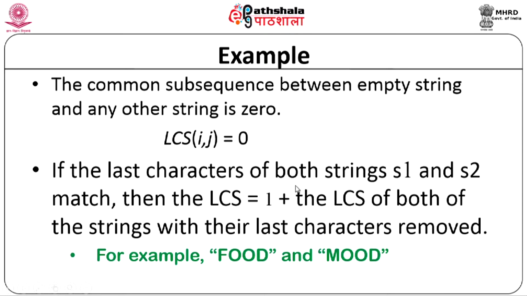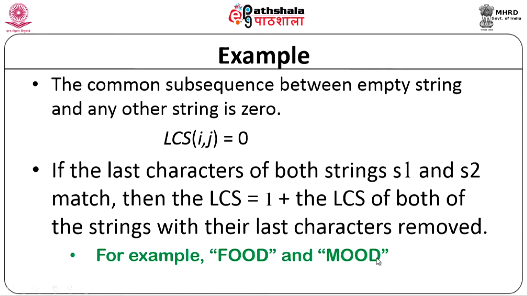Suppose the last characters of strings S1 and S2 match, then recursively we can say LCS is nothing but 1 plus the LCS of both the strings with the last characters removed. For example, you take food and mood. The last character is D, so there is a match.